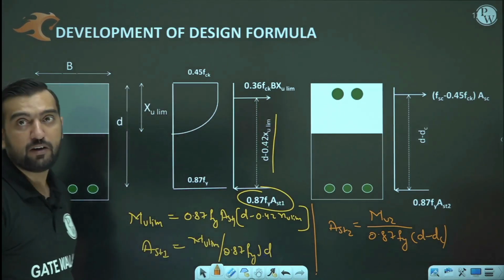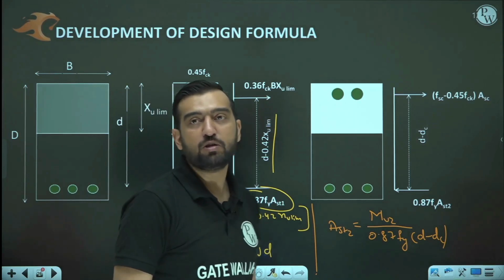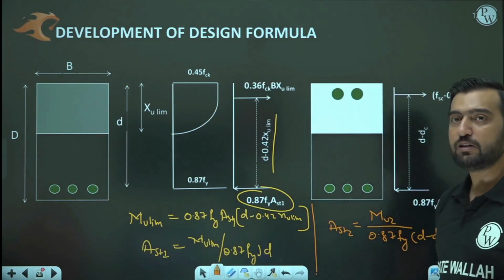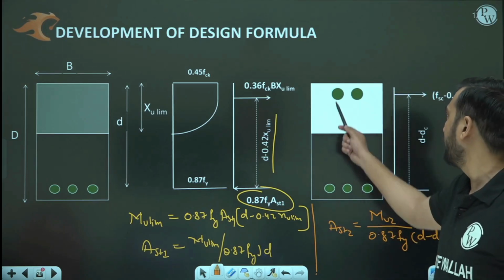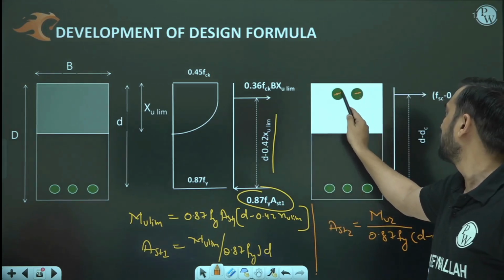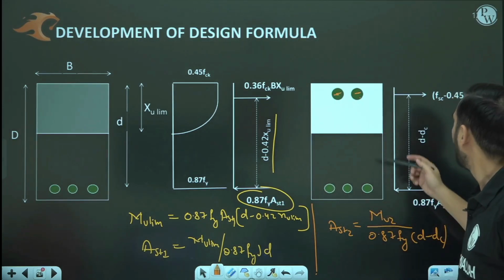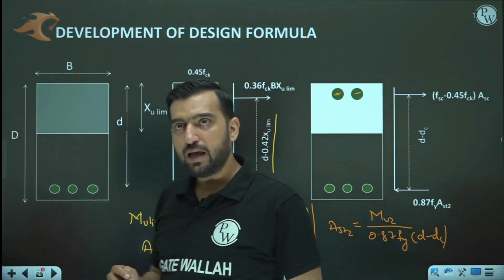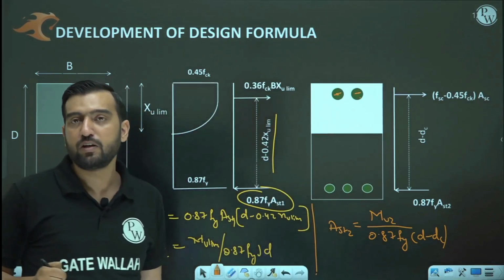And my dear friend, for getting the value of Asc, you need to know the value of Fsc, and for Fsc, first of all we need to know the strain at the level of the CG of this compression reinforcement. From there we refer to the stress-strain curve of steel and get the value of Fsc.